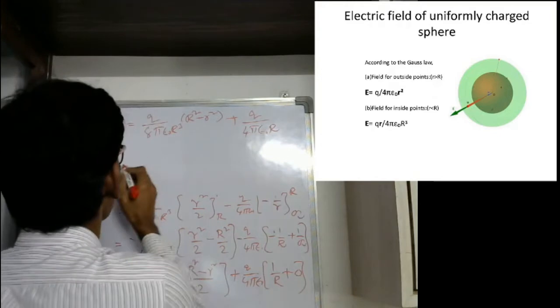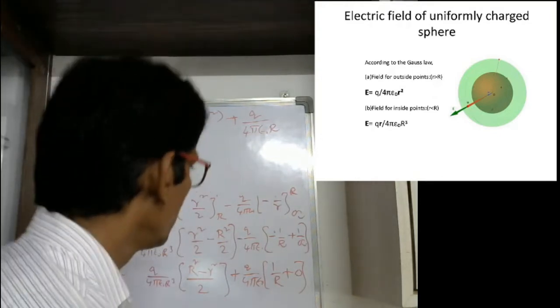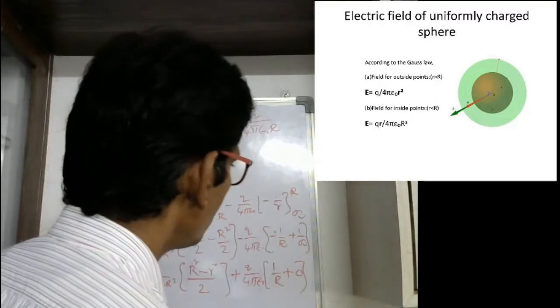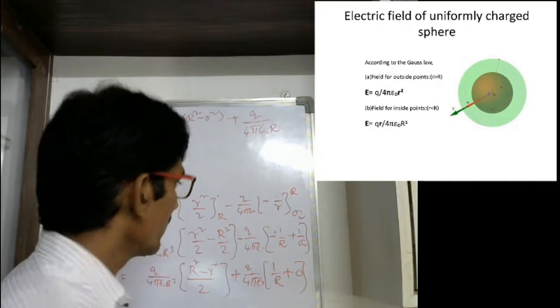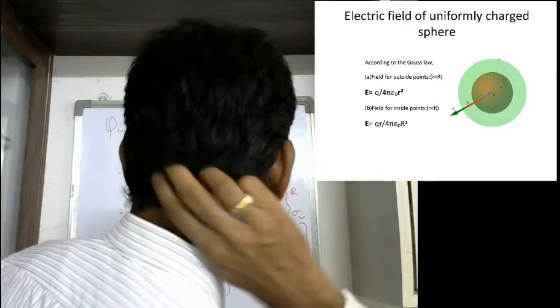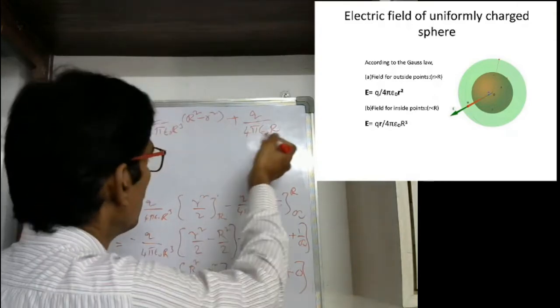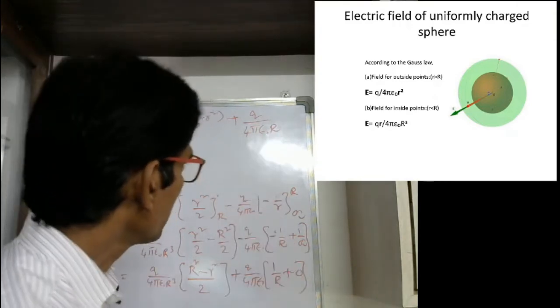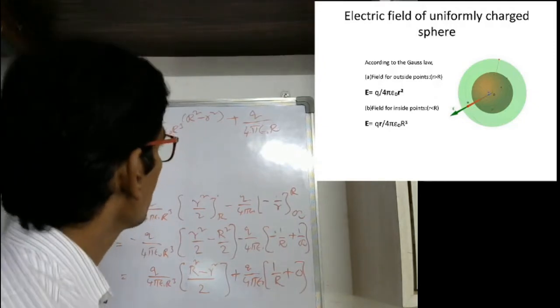Okay, so now here, what is the denominator? Here you are having q by 4 pi epsilon naught r.